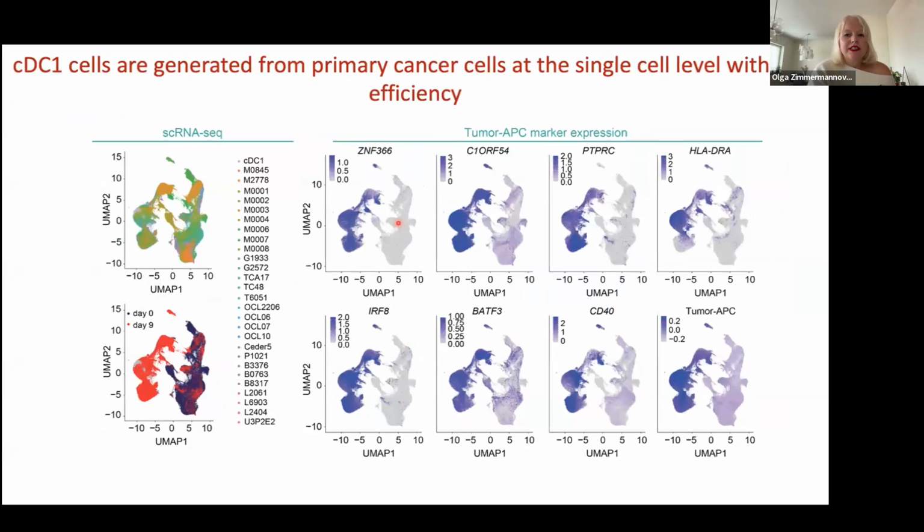Using single-cell RNA sequencing, we then also validated that despite the different origins of the cancer cells, after reprogramming, here in red, they start to cluster together and close to the natural cDC1 population, which is shown as this little gray tip. The reprogrammed cells also upregulated expression of typical cDC1 markers, and importantly, they also launched endogenous expression of IRF8 and BATF3, which shows that the adoption of the new identity is rather stable and not dependent on the continuous expression of the exogenous reprogramming factors.